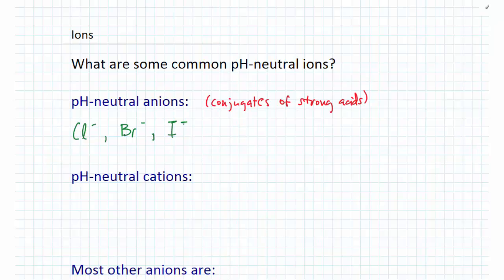So what were the other strong acids? Sulfuric acid, and then there are 2 more. Nitric, so nitrate. And one more: perchloric, so ClO4 minus.